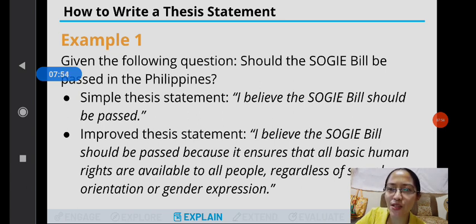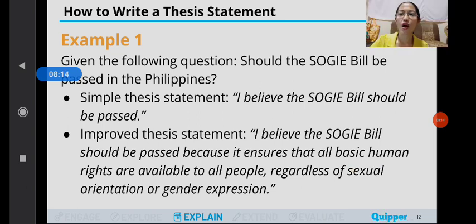Now, let's see the improved thesis statement. I believe the SOGI bill should be passed because it ensures that all basic human rights are available to all people regardless of sexual orientation or gender expression.